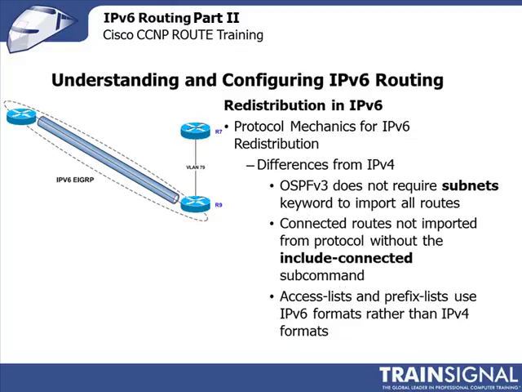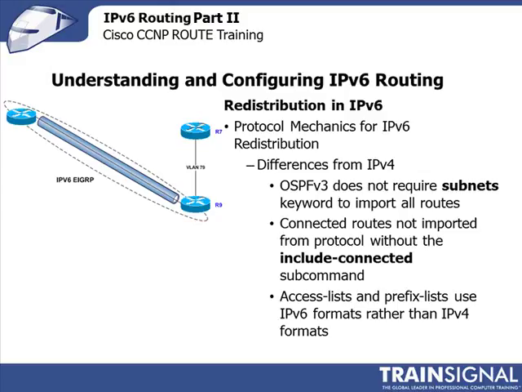A couple differences, just to highlight these. OSPF version 3 does not require the subnets keyword to import all the routes. Again, this is because there is no concept of classful routing in IP version 6. It's all classless routing, so there's no need to include it. So again, the cause of grief that happens with the subnets subcommand, you don't need to worry about. Connected routes are not imported from a particular protocol without the include-connected command.